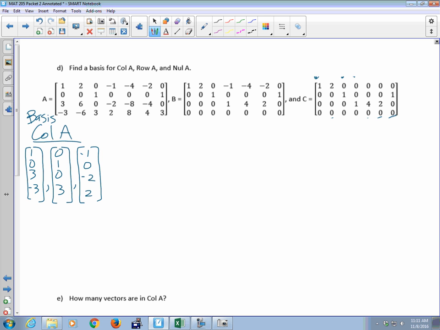That one's easy. Basis for row A. Those are just non-zero rows of any echelon form. So I could take the non-zero rows of B or C, doesn't matter.